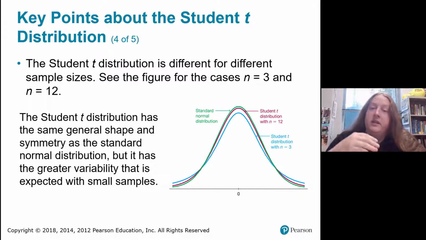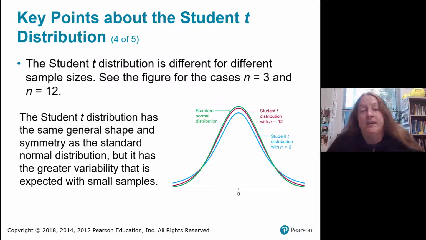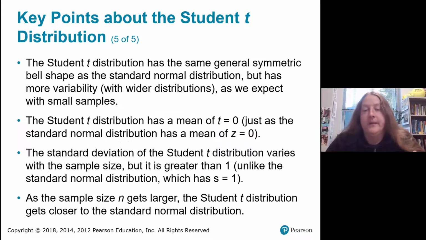Something to note, the peak of the bell of these is a little bit lower for the t-distributions, and the height of the tails is a little bit higher. So what this means is it still has this symmetric shape, still has a mean of 0, but the variability is greater. And as we have smaller sample sizes, the variability is even greater.